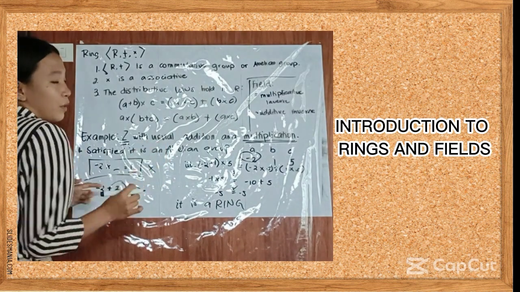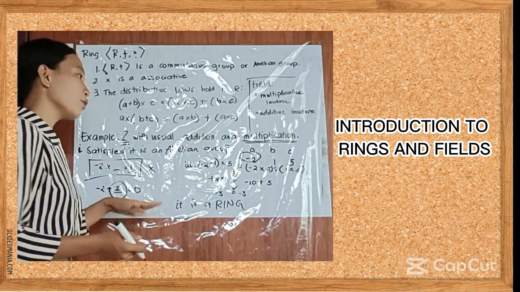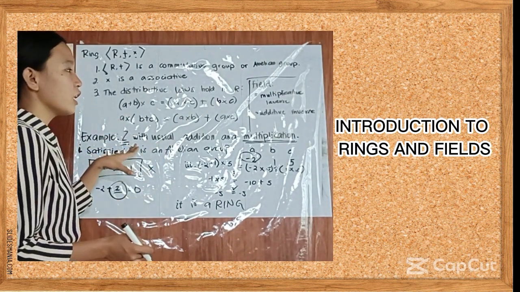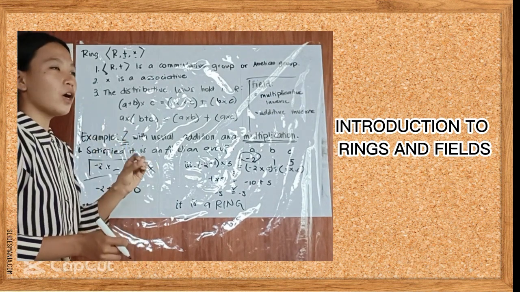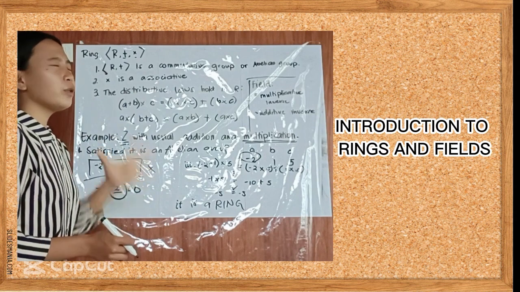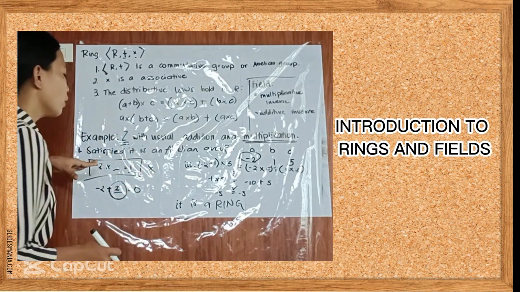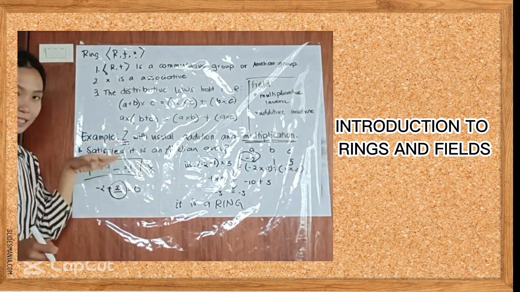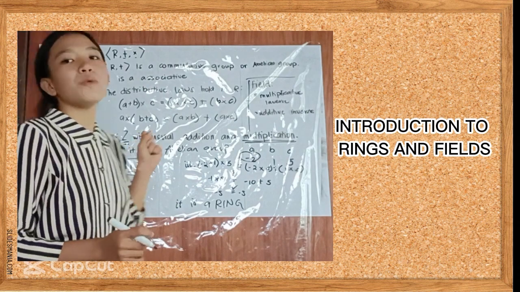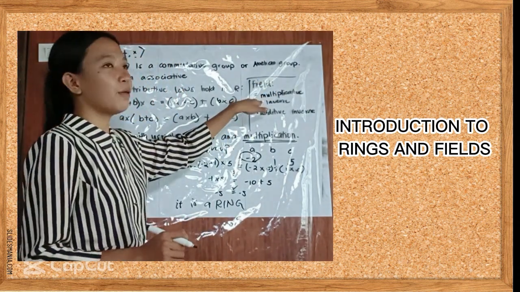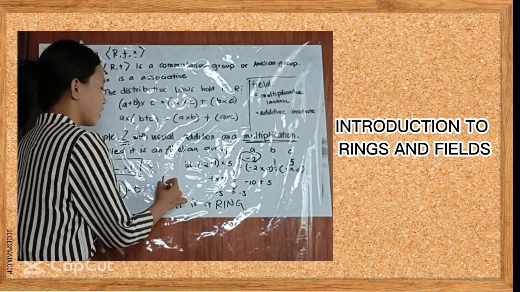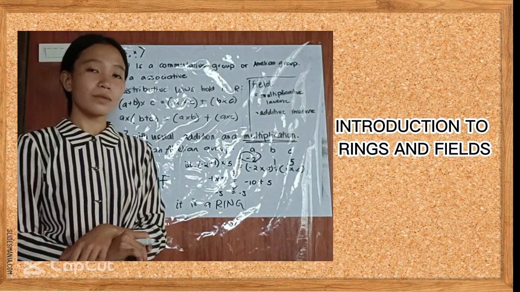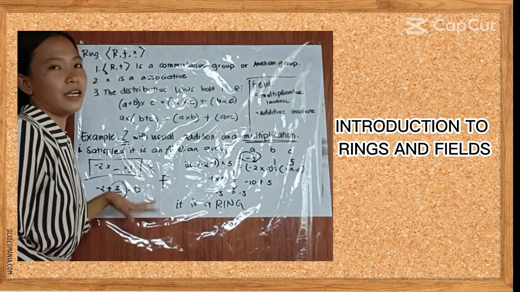Therefore, the multiplicative inverse of integer does not exist. Since we did not satisfy the multiplicative inverse, it is not a field. It is just a ring.